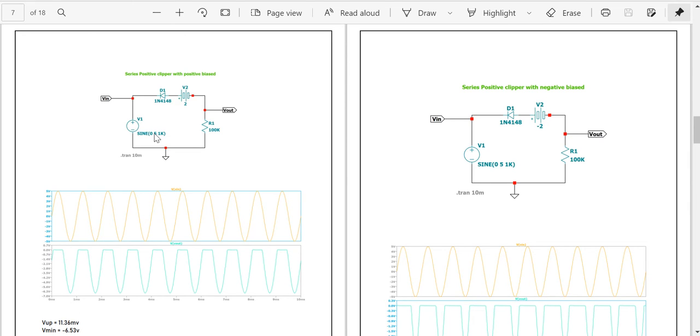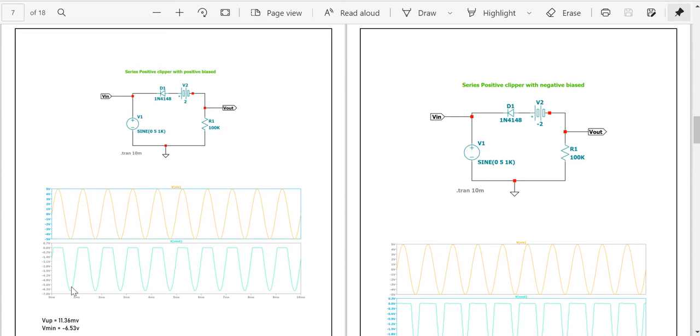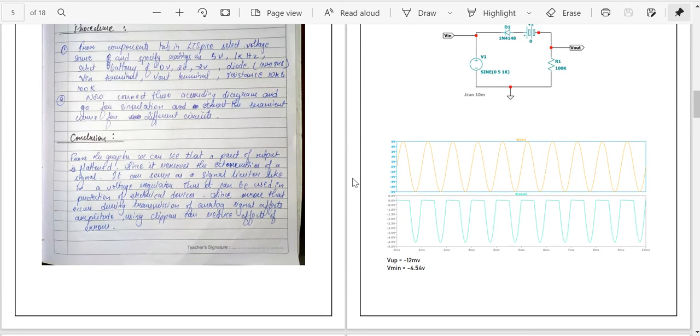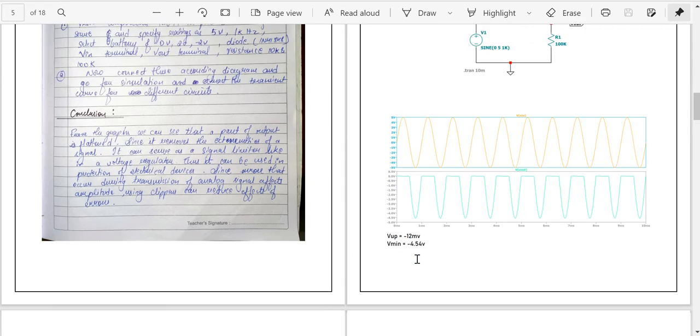For the positive half cycle, the diode will still be reverse biased, and since it is reverse biased, no current will flow. But for the negative half cycle, the diode will be forward biased, and since there is an external 2 volt DC voltage, we will get more output. We will get an amplitude which is greater than the previous one. So we can see that this is the amplitude, greater than the previous one.